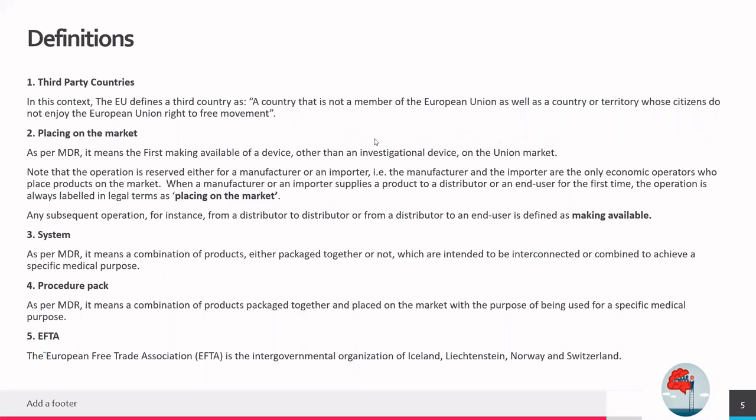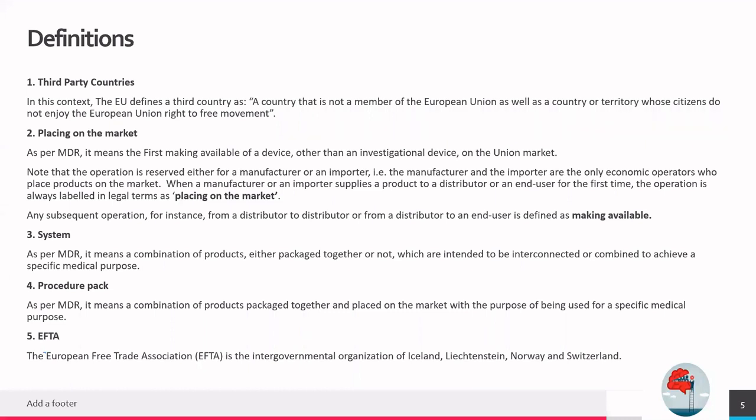In this context, the EU defines a third country as a country that is not a member of the European Union, as well as a country or territory whose citizens do not enjoy the European Union right to free movement. EFTA countries are totally 4: Iceland, Liechtenstein, Norway, Switzerland.